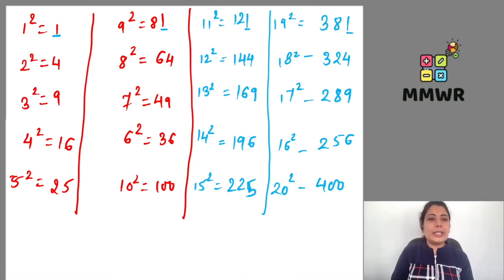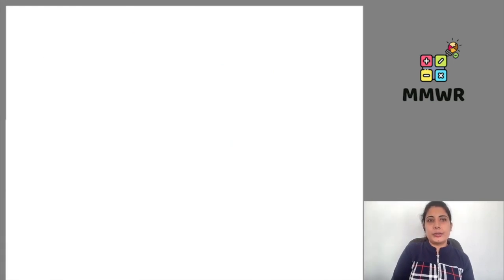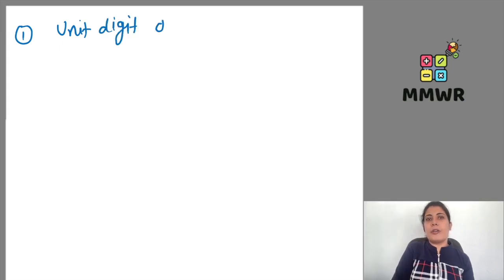So what we can observe from here, look, 1 is everywhere. If the unit digit of any number is 1 or 9, then its perfect square is going to have 1 at the unit place. This we can observe from here. So, the first thing we can observe is the unit digit of a perfect square.